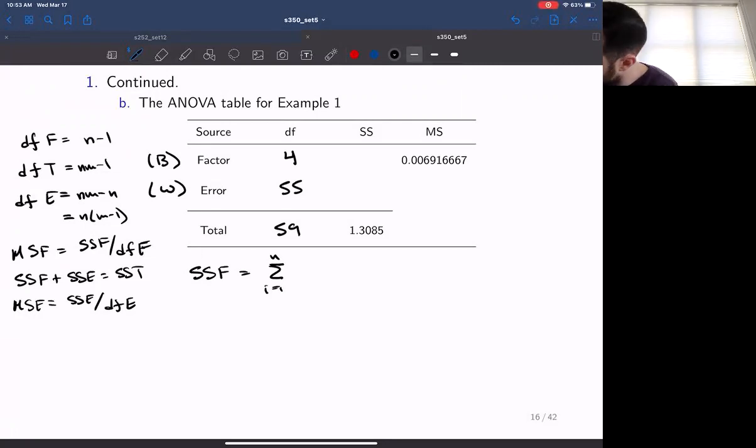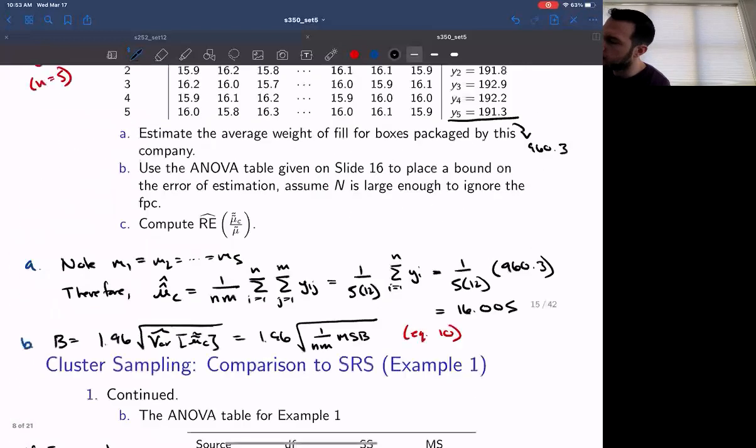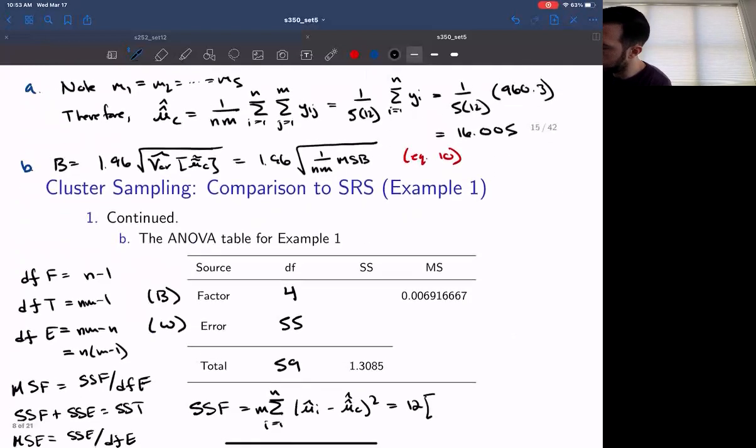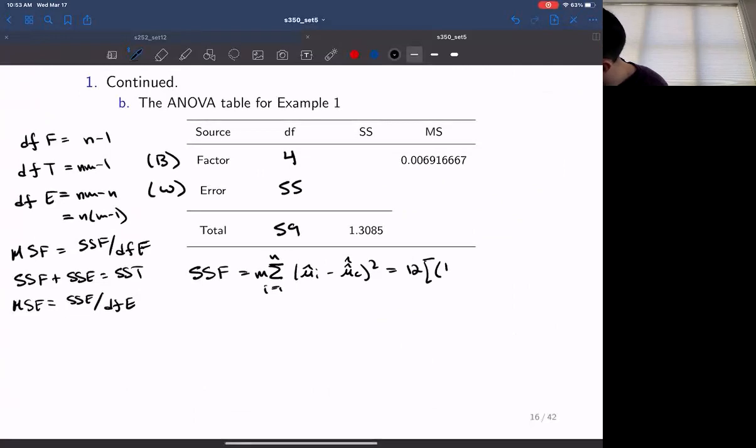So this is going to be little m times mu hat I minus mu hat double C squared, right? So this would be 12 times, and then for example, we would have our first cluster average, which is 192.1 over 12 minus 16.005.